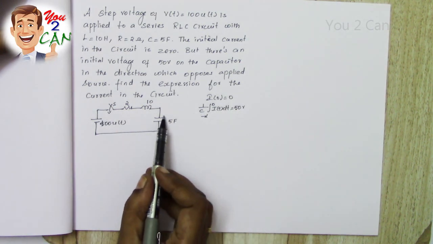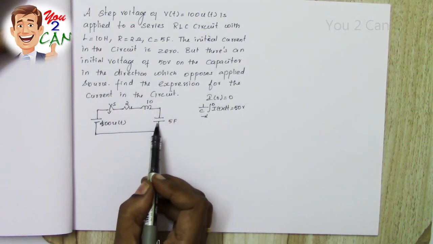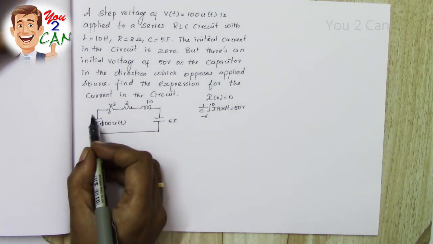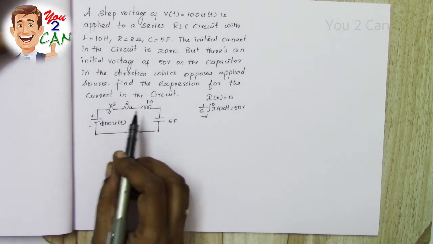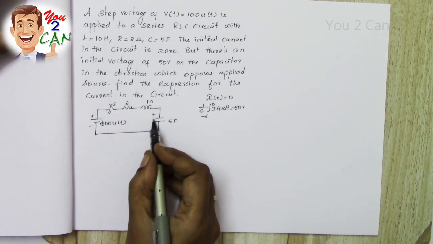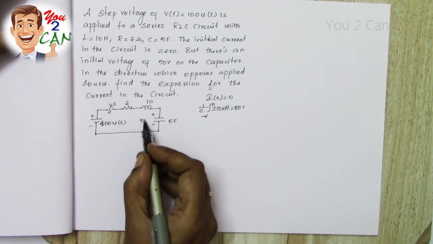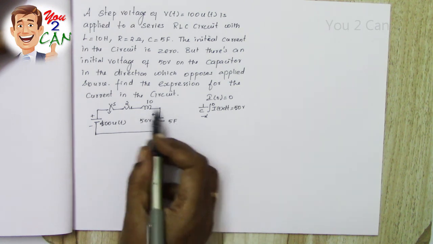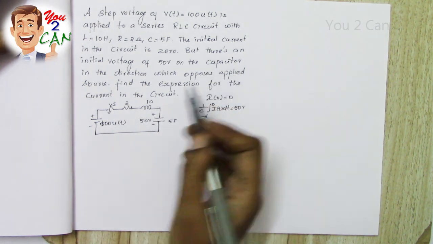So the voltage impressed on this capacitor is opposing this voltage. This voltage is plus minus. So if it opposes this and the polarity of this side is plus, this is minus, and it is 50 volt. Okay, so you have to note this and write correctly.